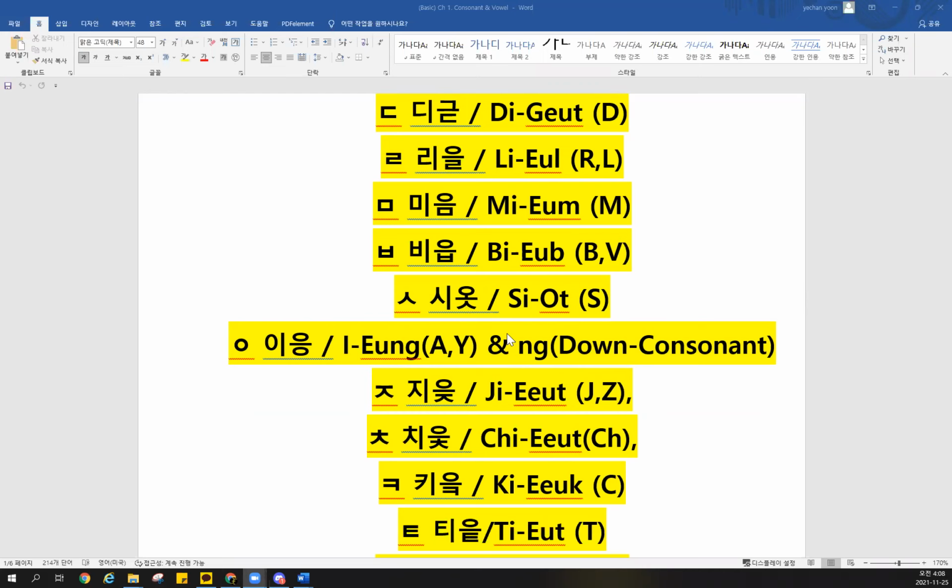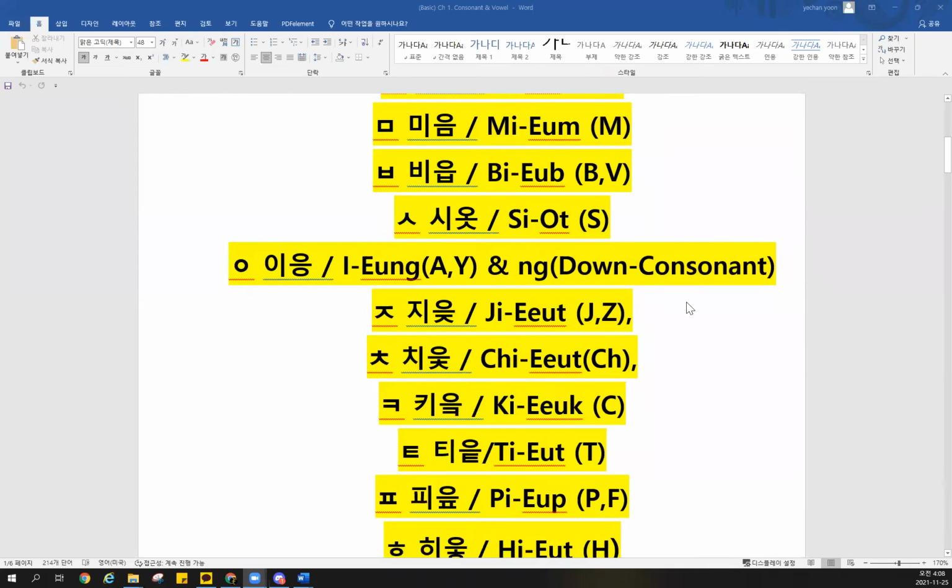For this one, we can learn it next time. All right. Next one, 지읒. Sounds like 저. And you can write it with J or Z. We don't say Z, okay? Because we're using soft sounds.